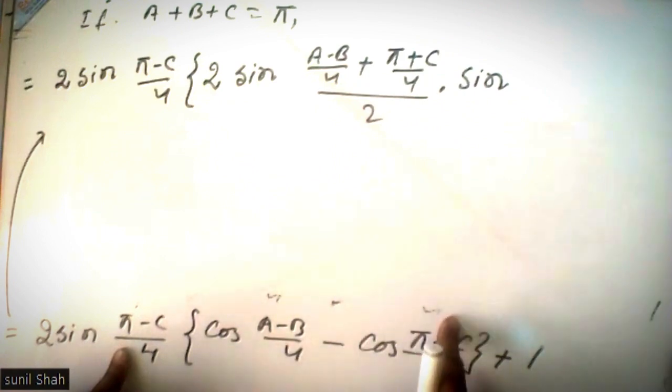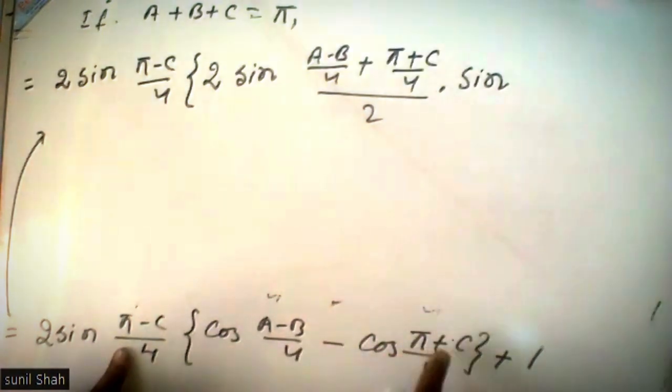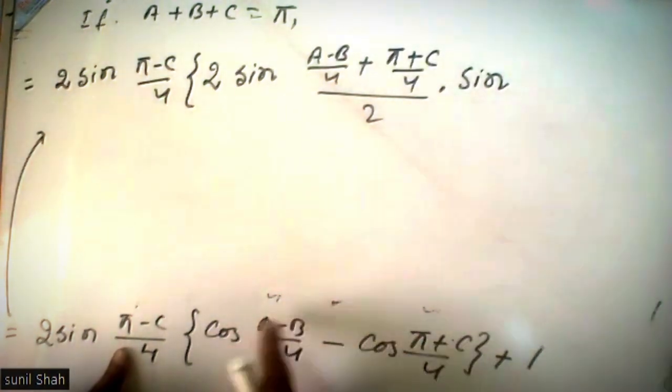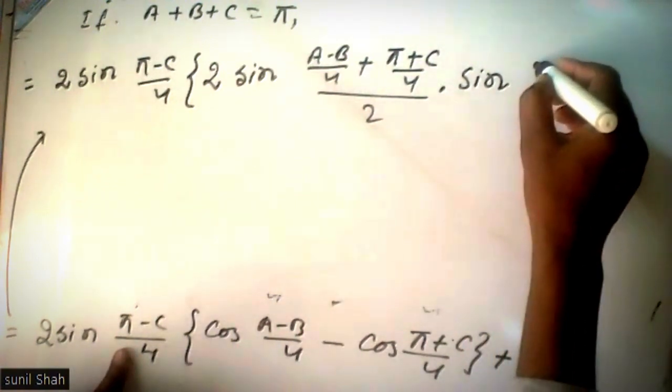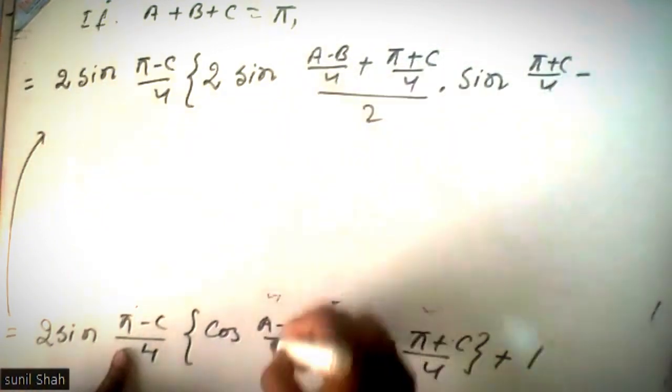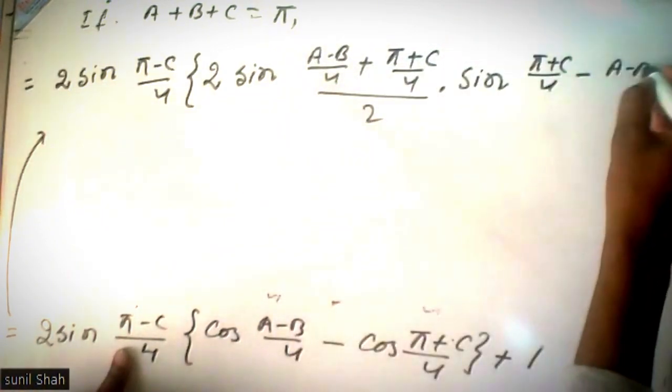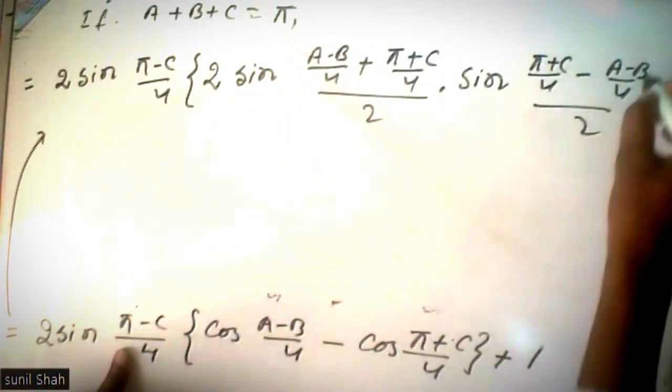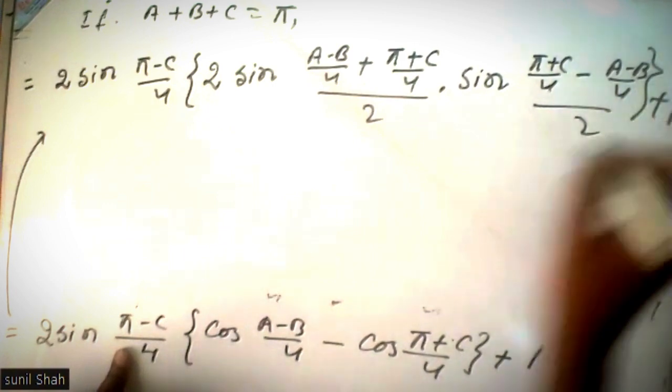This is C and this is D. So D minus C by 2: D is (pi+C)/4 minus C, where C is (A-B)/4, by 2, plus 1.